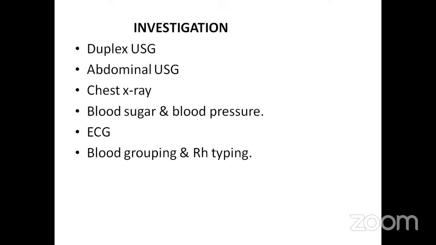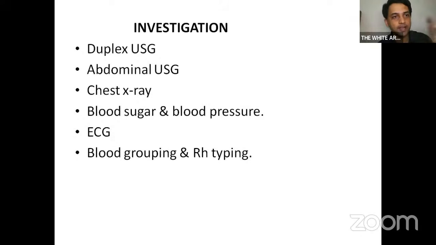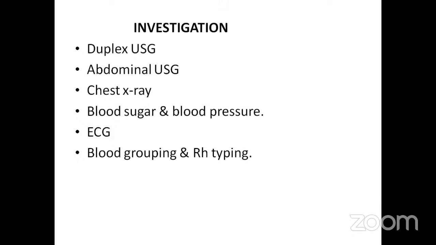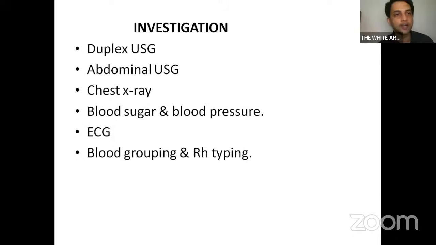In Doppler you can see only the functional flow, venous or arterial flow, and whether any reflux is there. Whereas in duplex, B-mode ultrasound is also there, where you can see the anatomy of the venous system also. So both anatomical as well as functional. That's why it's a combination, duplex.